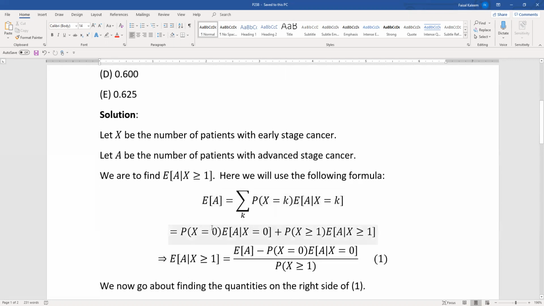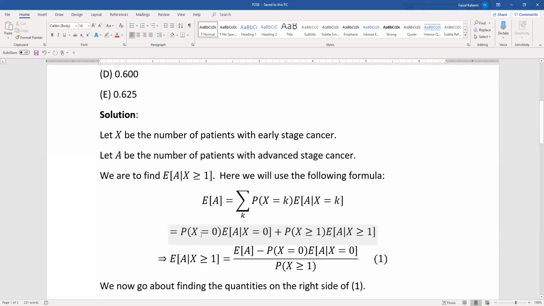So here, when we have K equal to 0, we will have probability X equal to 0 times E of A given X equal to 0, and so on.